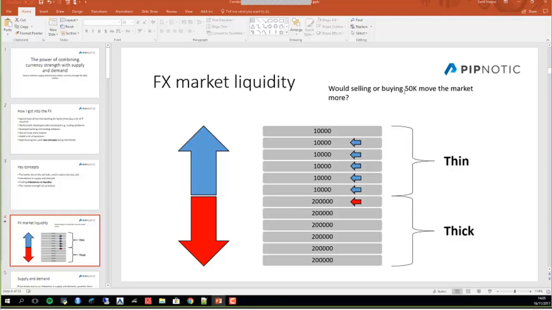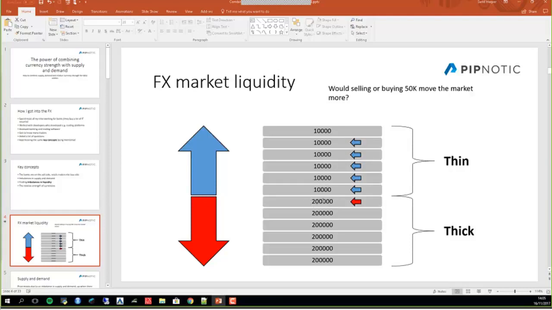And so price would move up. So this relatively small order would in fact cause the market to move. And if I was filling this 50,000 unit order, the function of price moving higher is ultimately slippage.